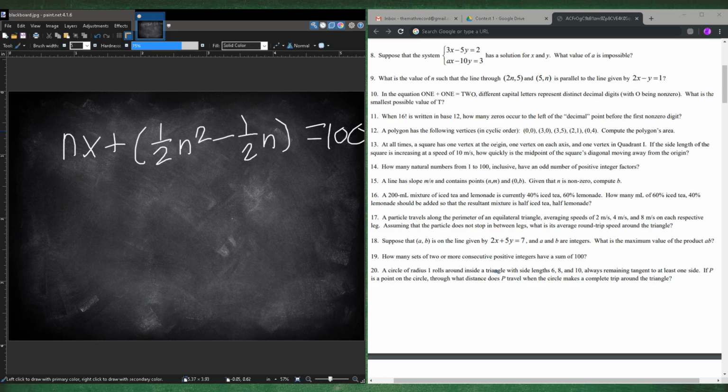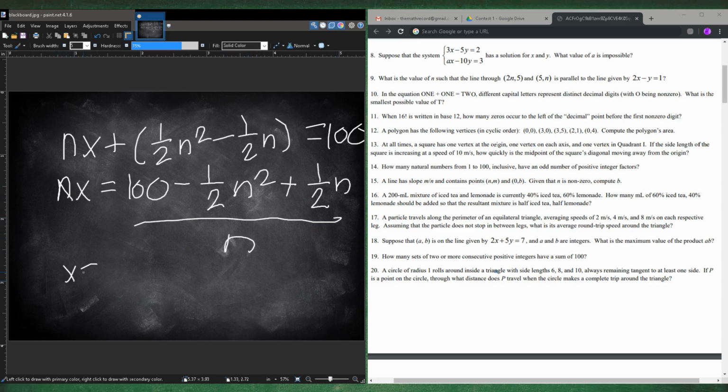If we move the b to the other side, we get nx equals 100 minus 1/2 n squared plus 1/2 n. Then you divide by n. So x, which is an integer, is equal to 100 divided by n, minus 1/2 n, plus 1/2.